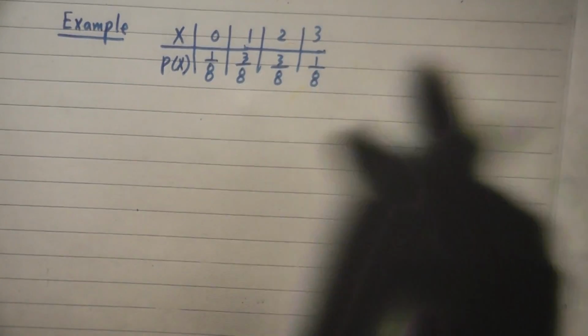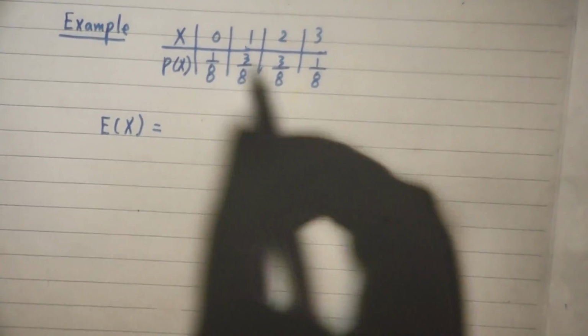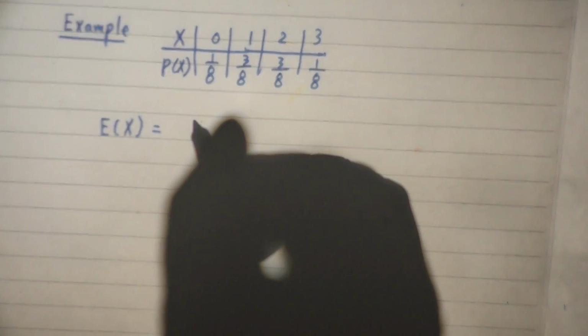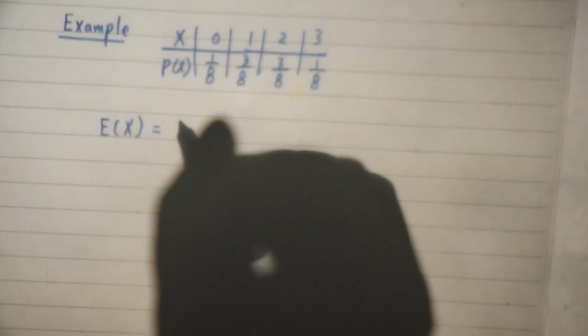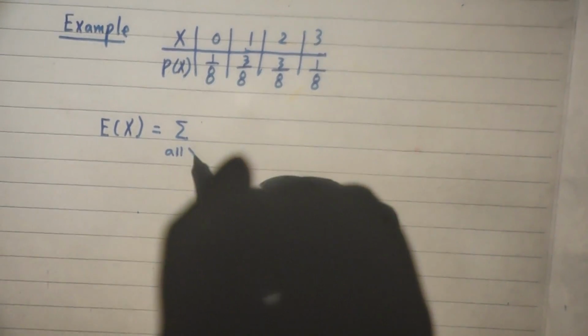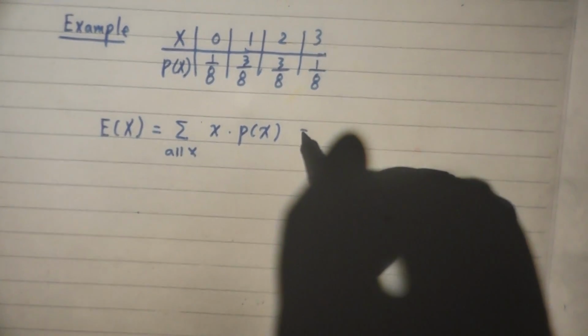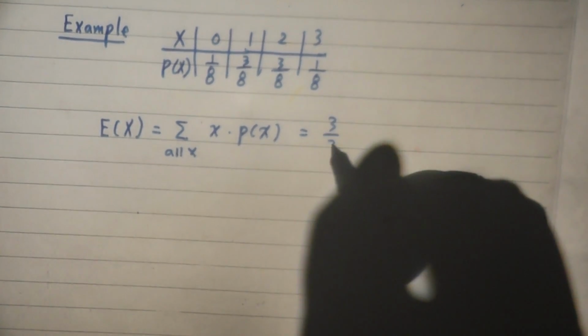And what is the expected value of X? The expected value of X, as we showed you earlier, is the center of the X distribution. And also, it's the weighted average of all possible values of X. And we found this number already is 1.5, or you say 3 over 2.